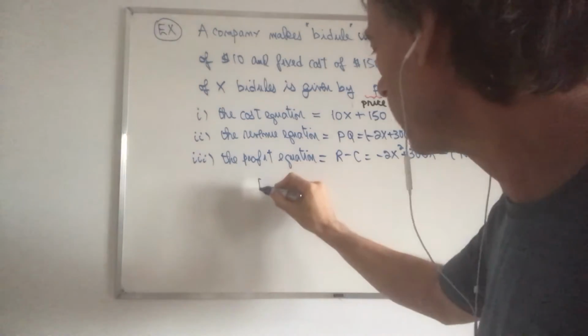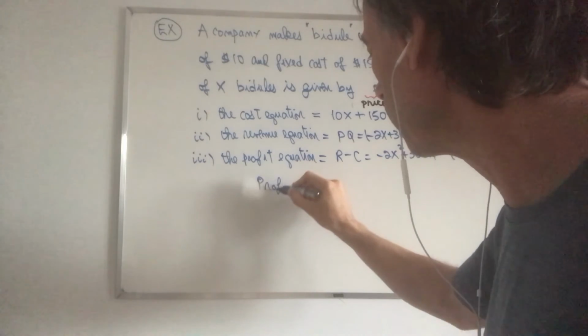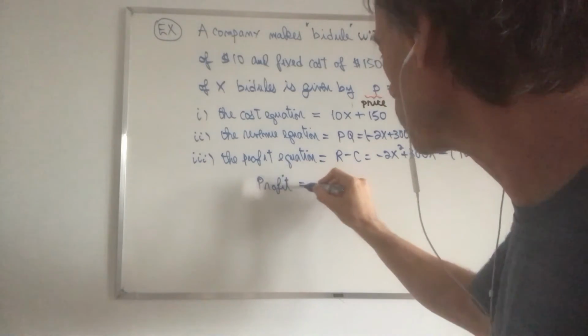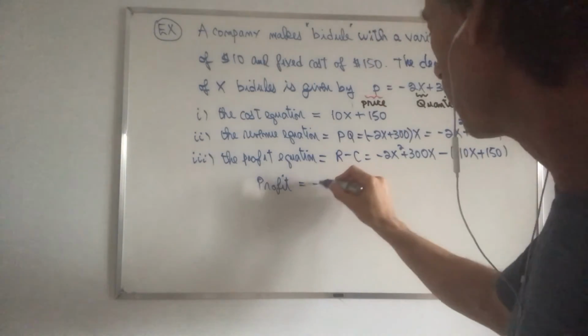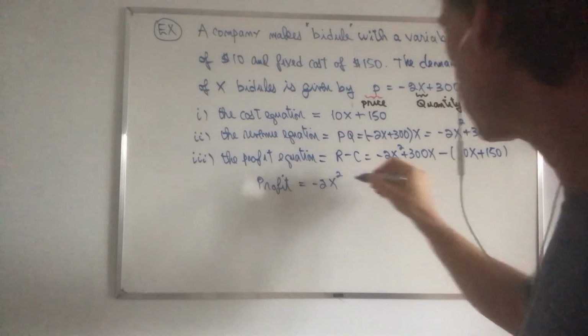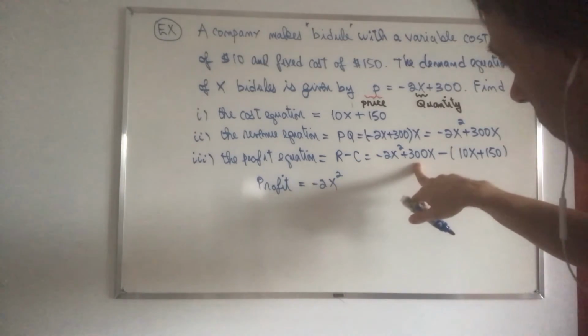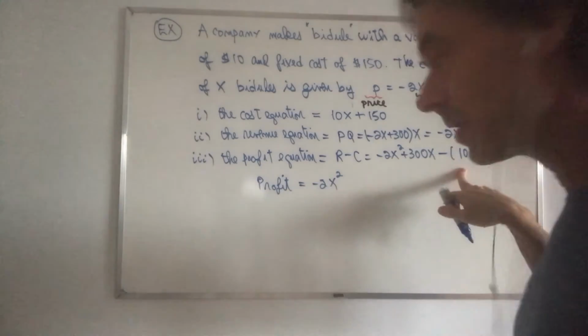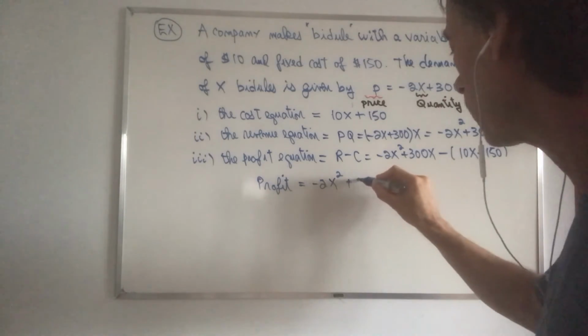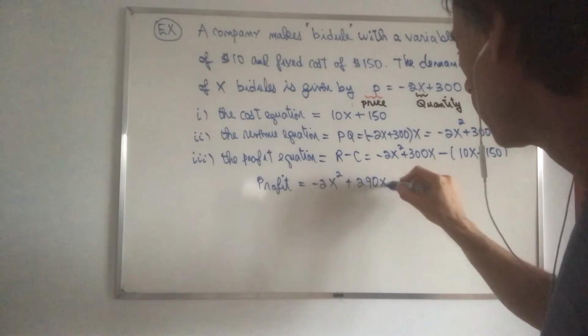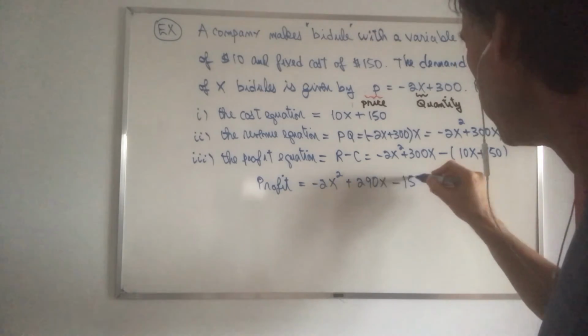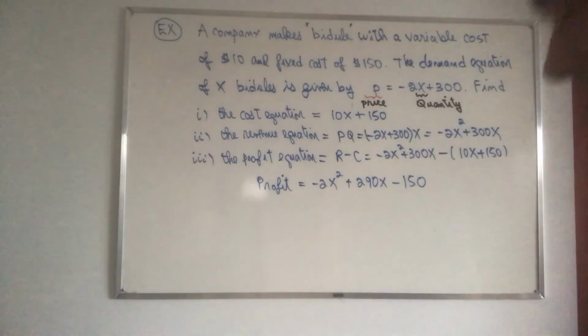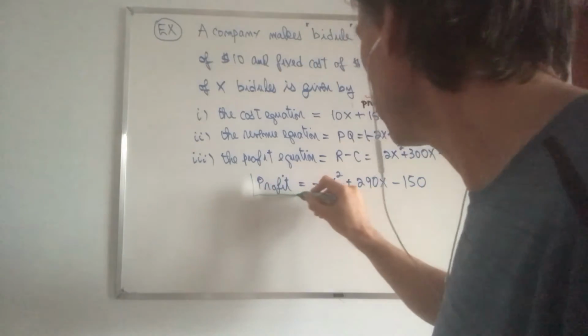So my profit equation, it is with this that I want to work, shall be minus 2x squared, 300 minus 10x, because I'm going to take the minus inside the bracket, is 290x, minus 150. Okay, that's my profit equation.